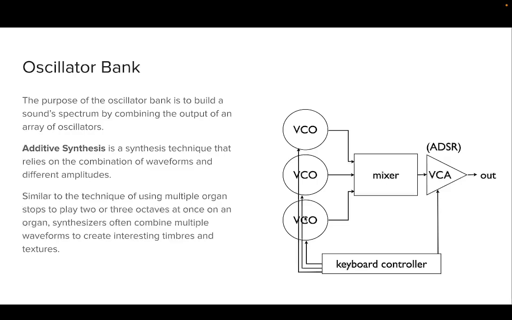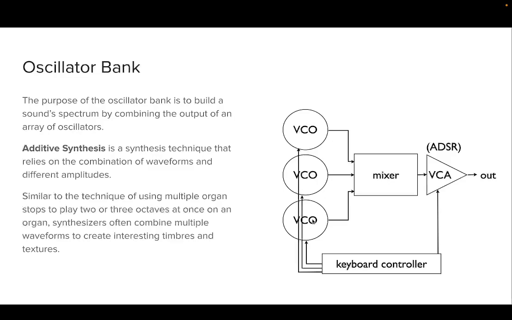The flowchart on the right shows us how we can conceptualize with a schematic 3 oscillators being controlled by 1 press of a keyboard. If we press a note on our keyboard controller, theoretically that could go and trigger 3 different oscillators tuned in various ways, each oscillator selecting its own waveform.